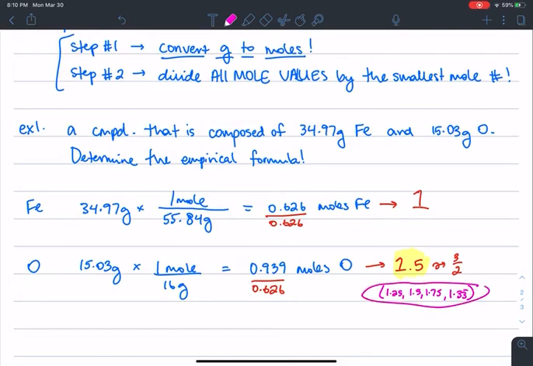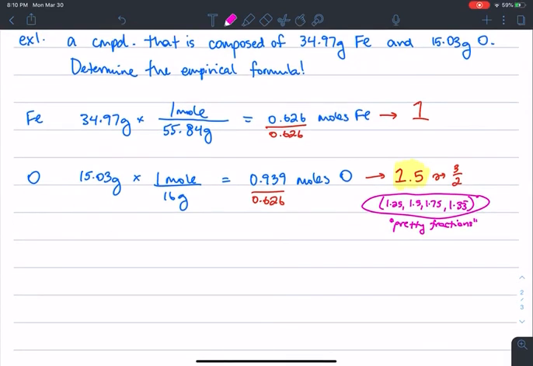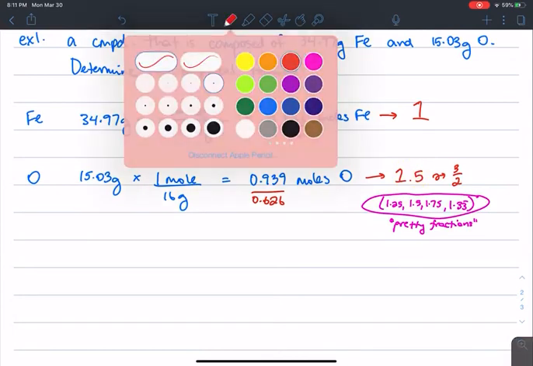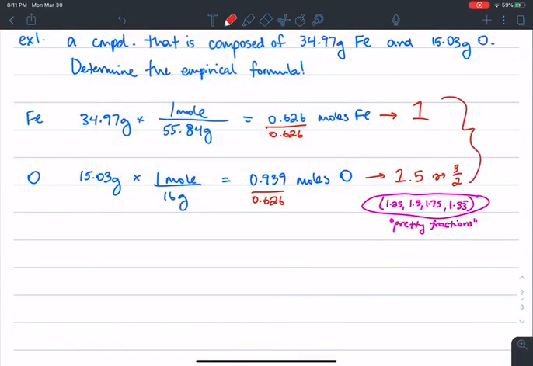For us, these are going to be the only pretty, quote, pretty fractions that you'll see. And what that means is that normally we would take these numbers here that we just calculated, and we would write the empirical formula for that. So that would be iron and oxygen 1.5, right? We didn't write the 1 for iron because it's understood.